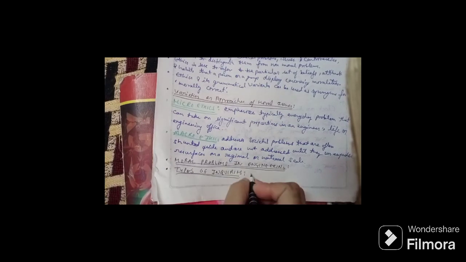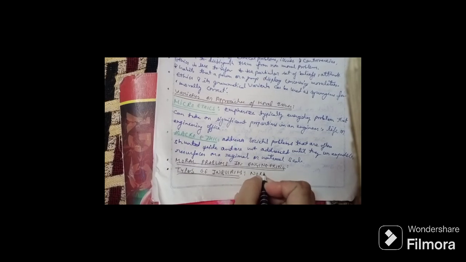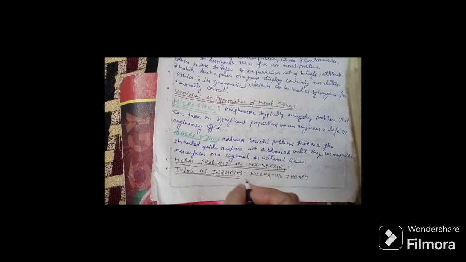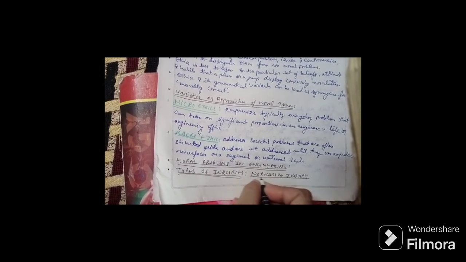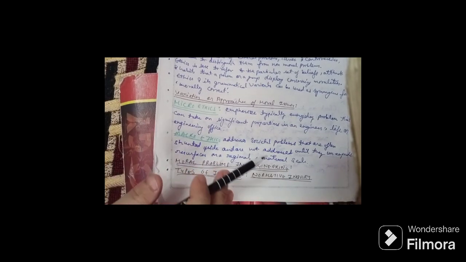The first type we have is normative inquiry. Normative inquiries are about what ought to be and what is good.